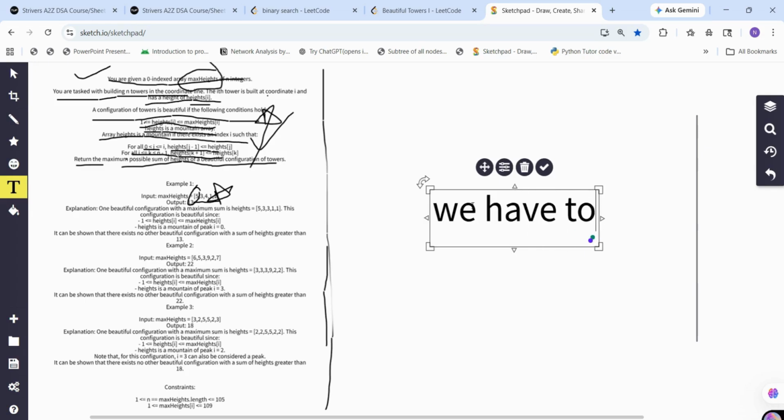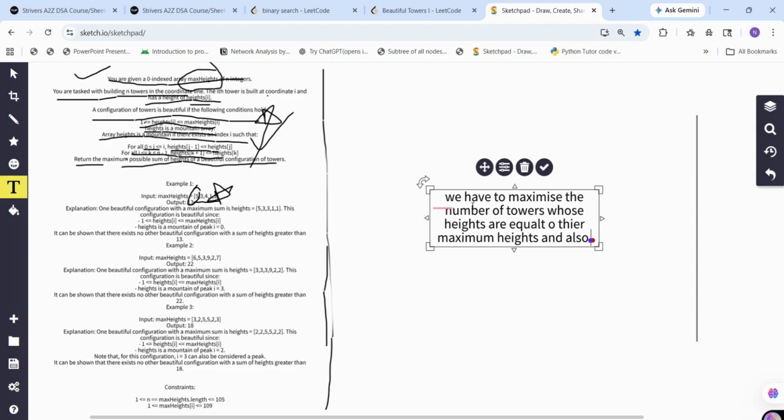We have to maximize the number of towers whose heights are equal to their maximum heights.